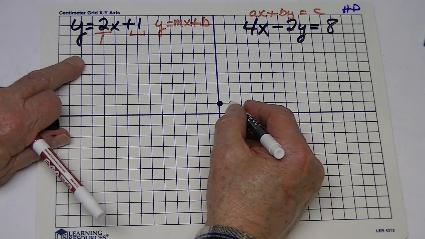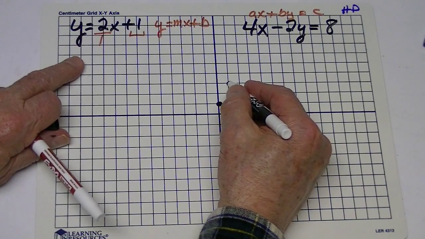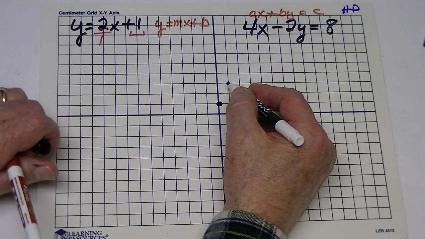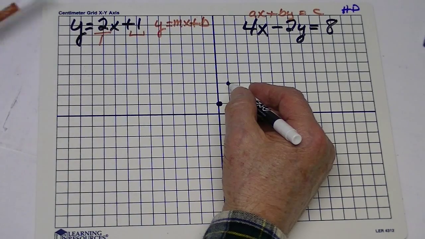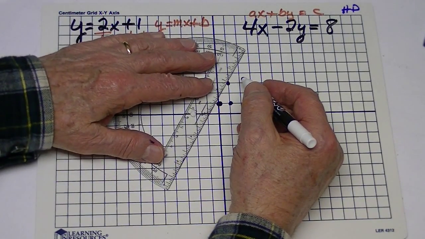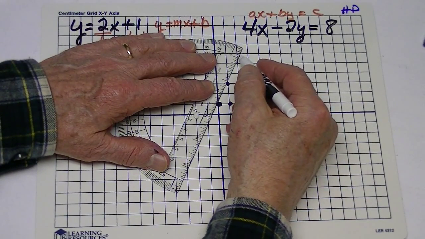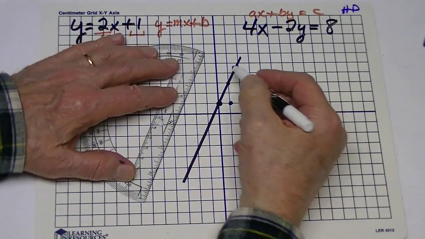So we said go over 1, and then up 2. So this would be your slope, and then you draw the graph. And it will look like so.